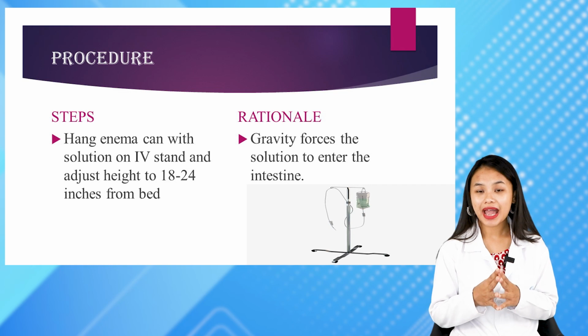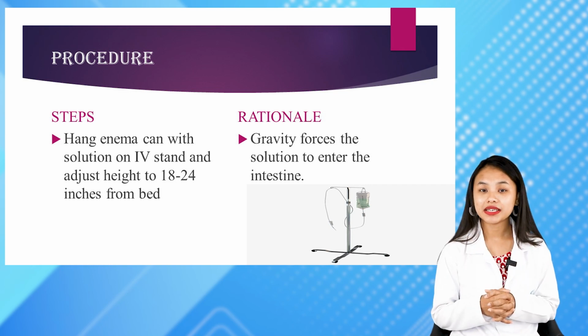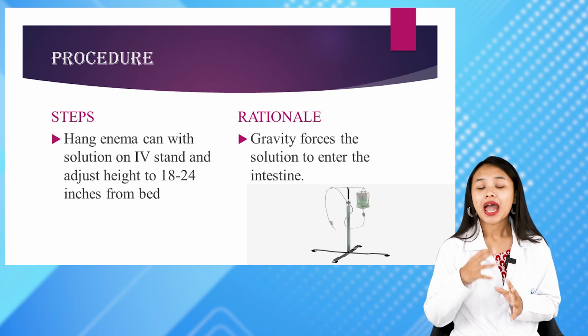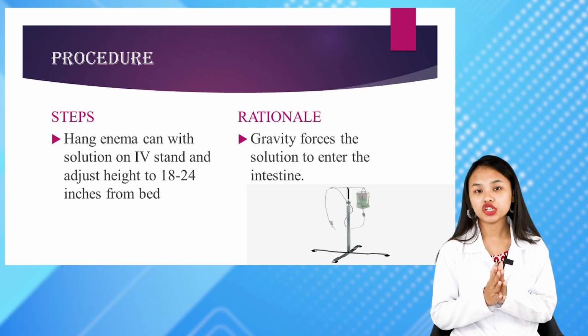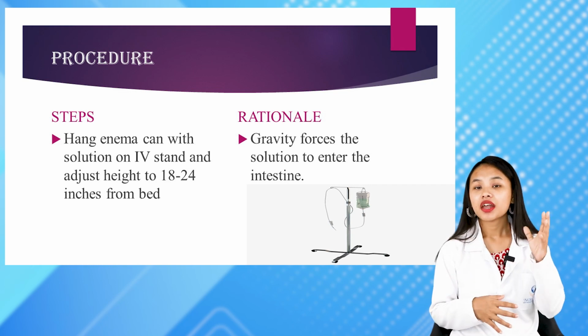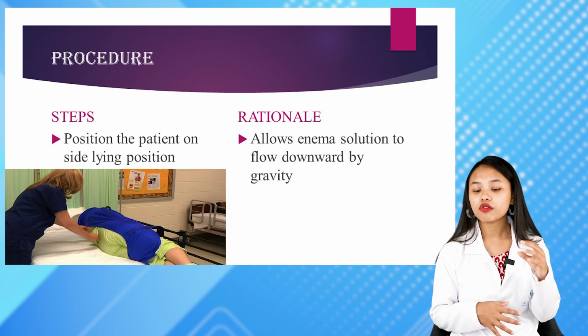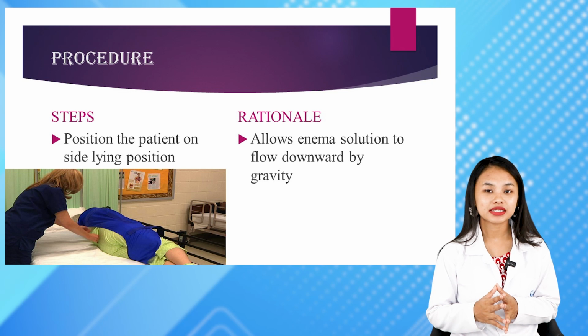We must then hang the enema can with solution on the IV stand at a height of 18 to 24 inches from the bed, because in this manner gravity will force the solution to enter the intestine.